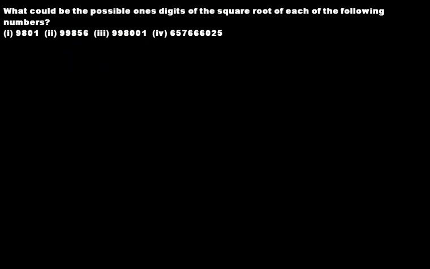if your number ends in 0, then the square number will also end in 0. Now if your number ends in 1 or ends in 9, then the square number will end in 1.